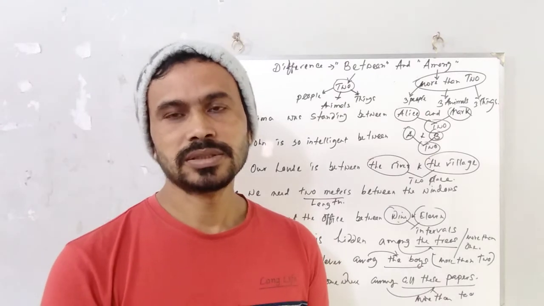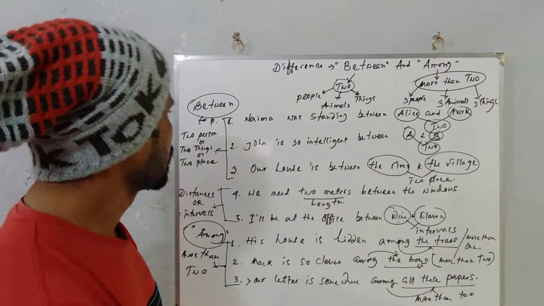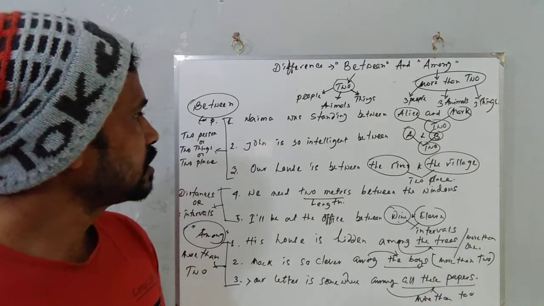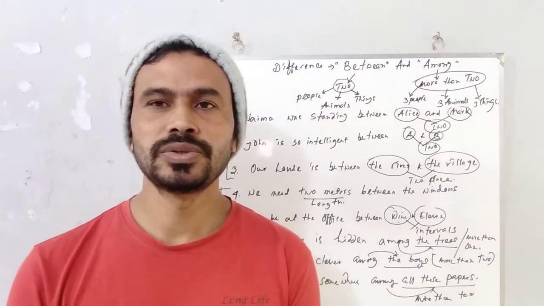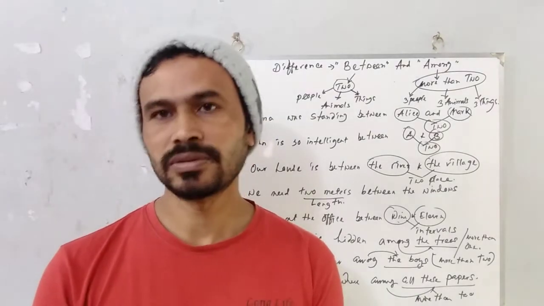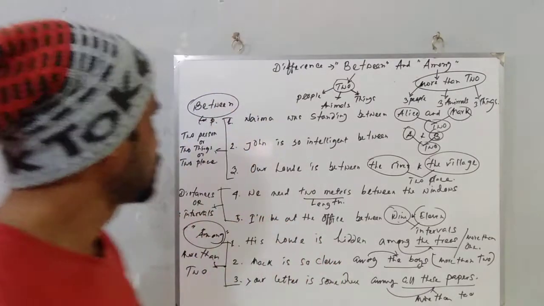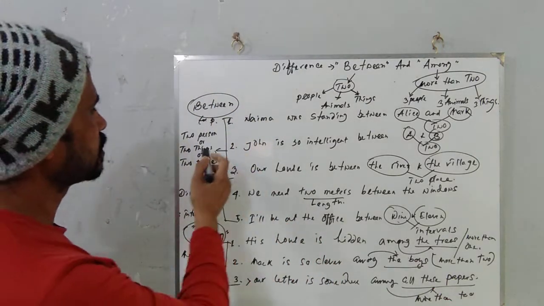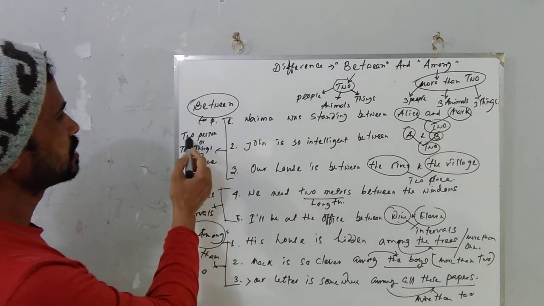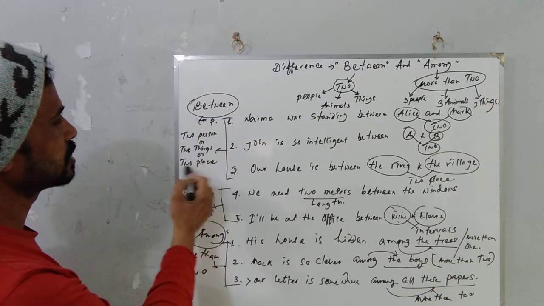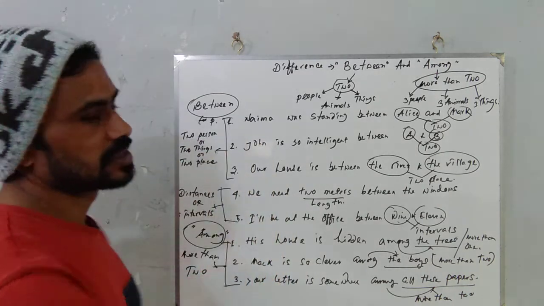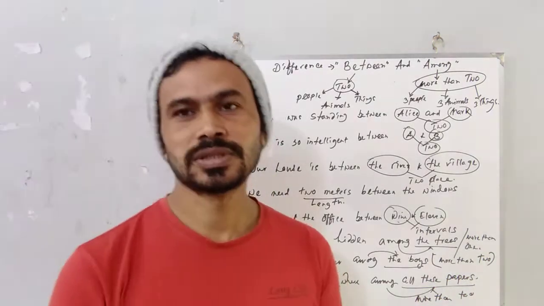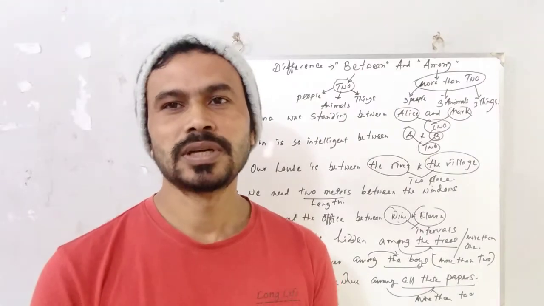When you see a place like this, it should be two, and you can use between there. Here I have written for your better understanding: between means two persons, two things, or two people. From these three sentences, I think you got the idea about between.